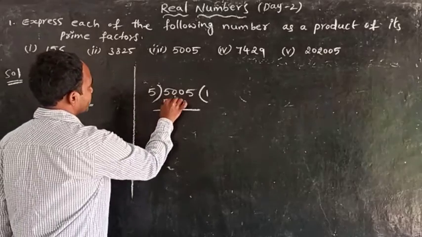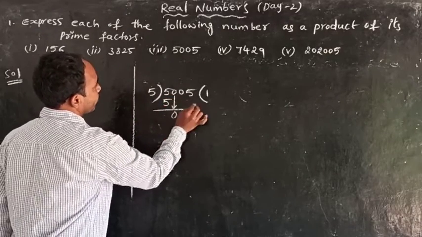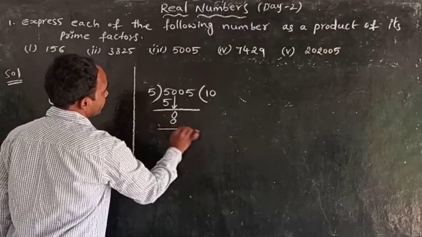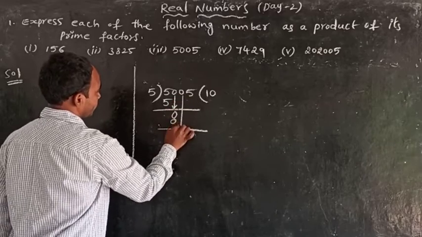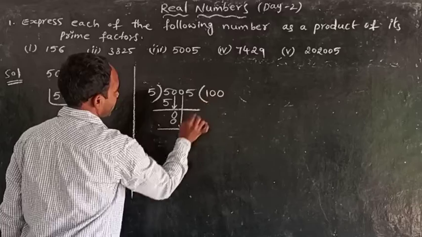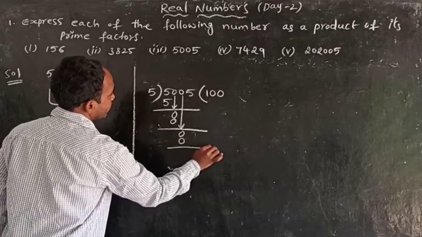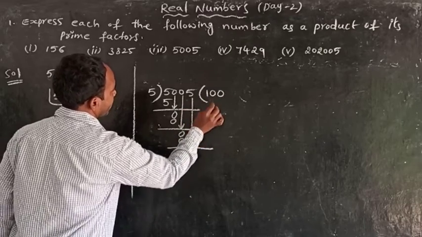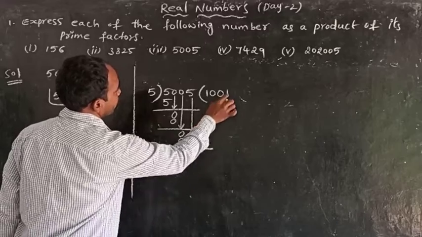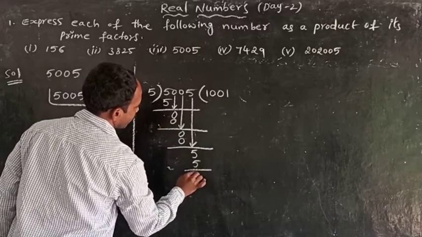5 1s are 5, so 0, carry forward 0, 5 0s are 0, again 0, 5 0s are 0, again we take 5, 5 1s are 5. So the remainder is 0.